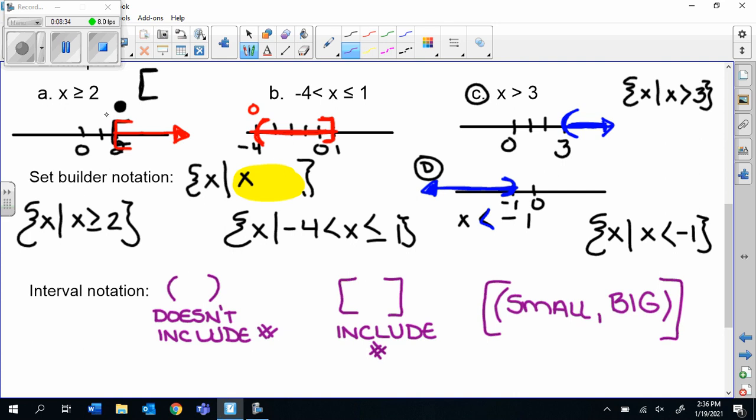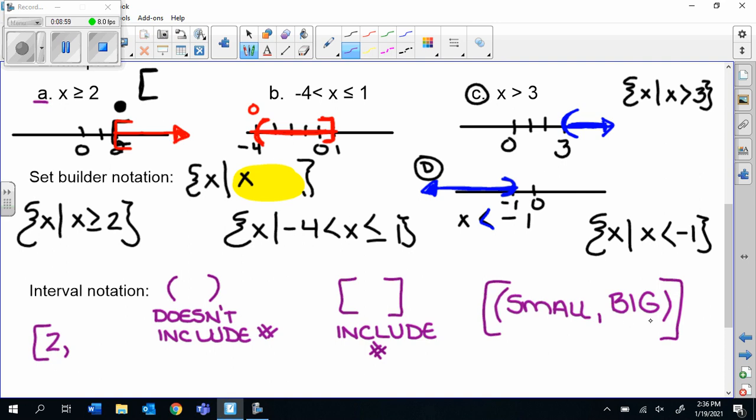All right, so let's go back and look at A and write this in interval notation. The smallest number here is 2. 2 has a bracket because it includes that number. So if I was going to put A in interval notation, it would be bracket 2, comma, how big is this thing going to get? It goes off to the right forever.